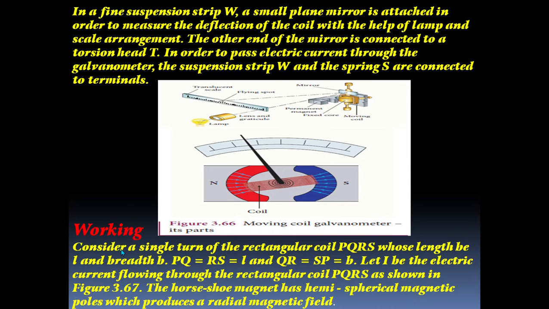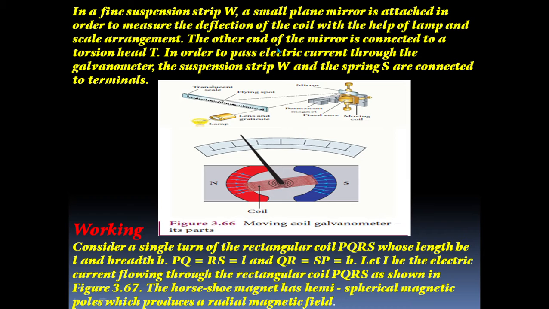In the fine suspension strip W, a small plane mirror is attached in order to measure the deflection of the coil with the help of a lamp and scale arrangement. This is the scale arrangement.